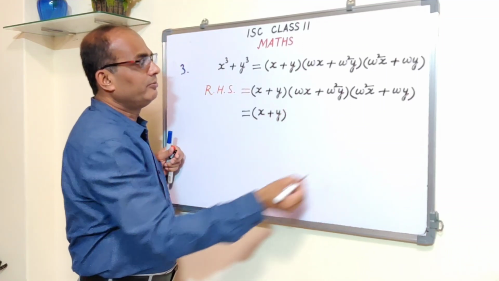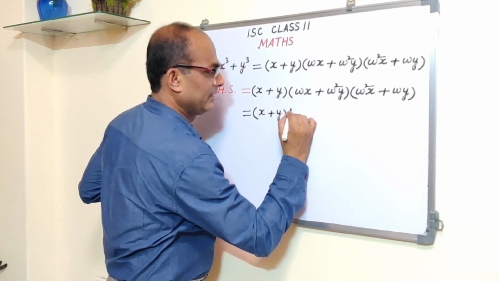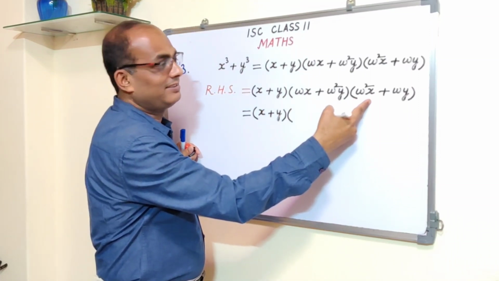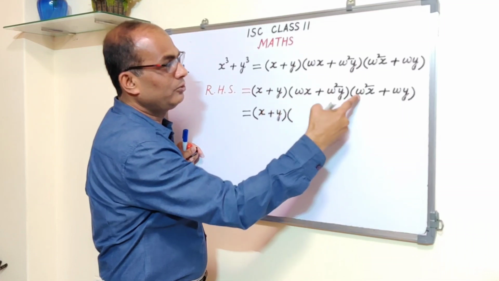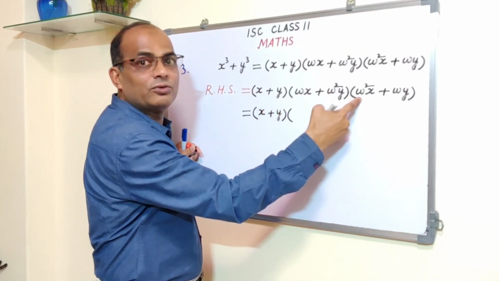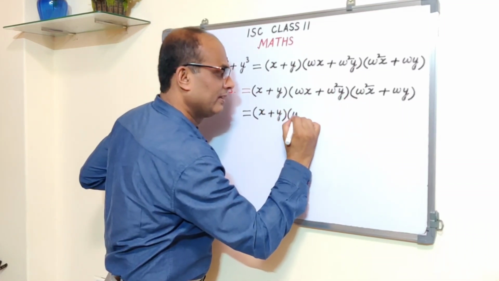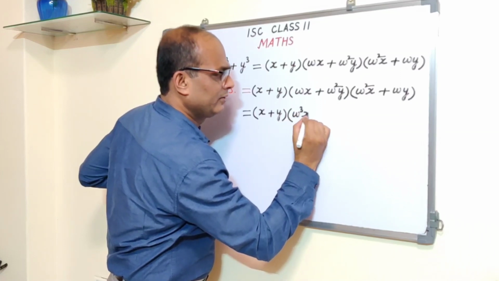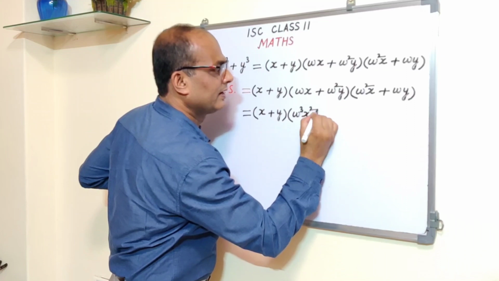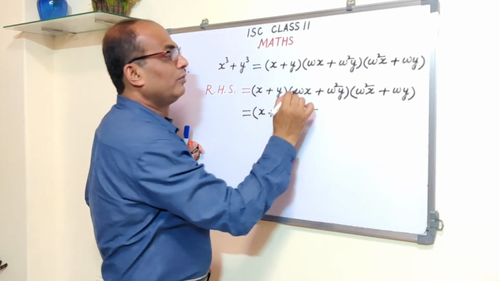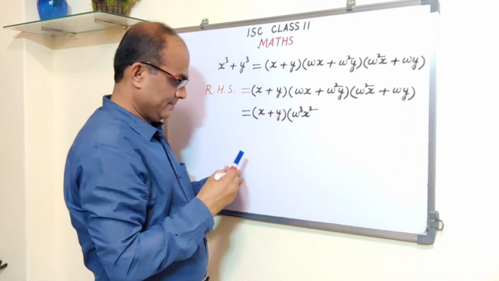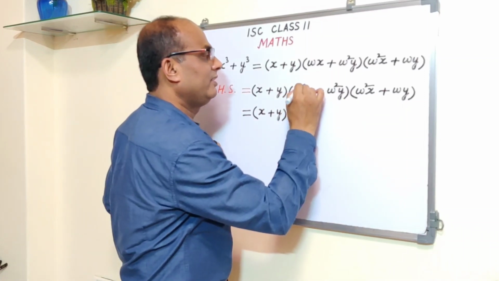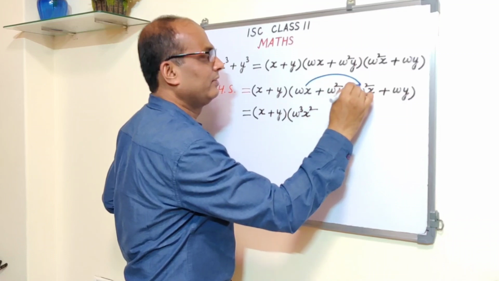Now here we multiply. We multiply omega x into omega square x. That gives you omega into omega square is omega cube x square, right? Omega cube x square. Clear? Not difficult. With this omega x we multiplied omega square x.